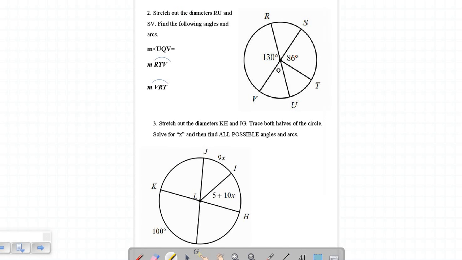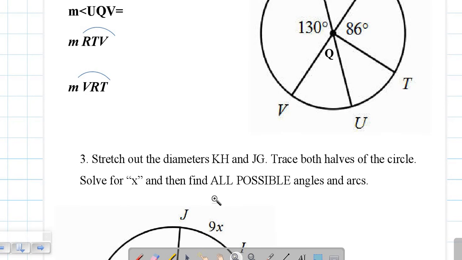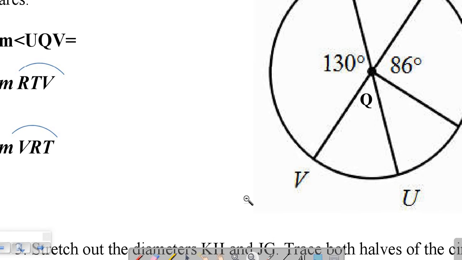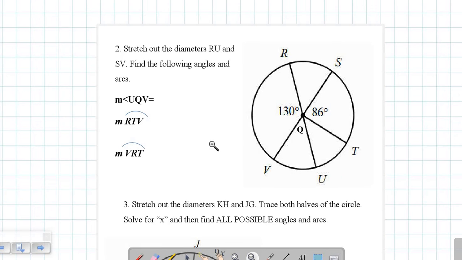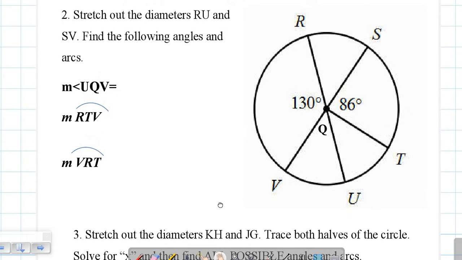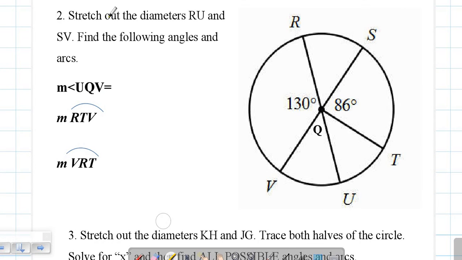Alrighty, let's take a look here. I'll do this one with you. Okay, we're going to start by stretching out the diameters. RU, so trace, stretch, sweep.